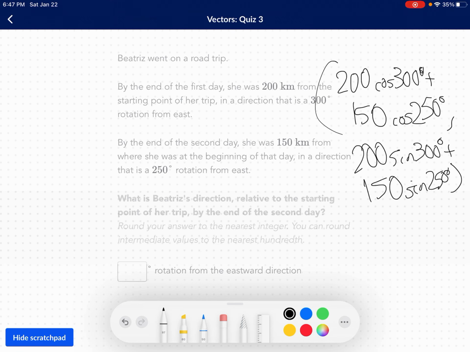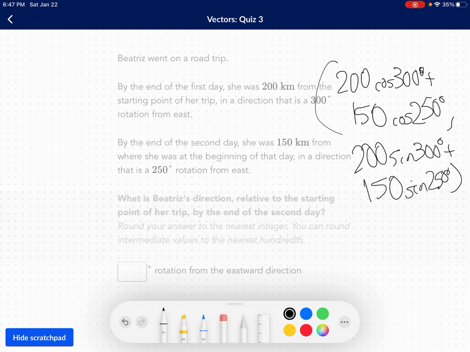The x is about 48.70, and the y is about negative 314.1589739. It's almost pi when you divide by 100, but it's not.